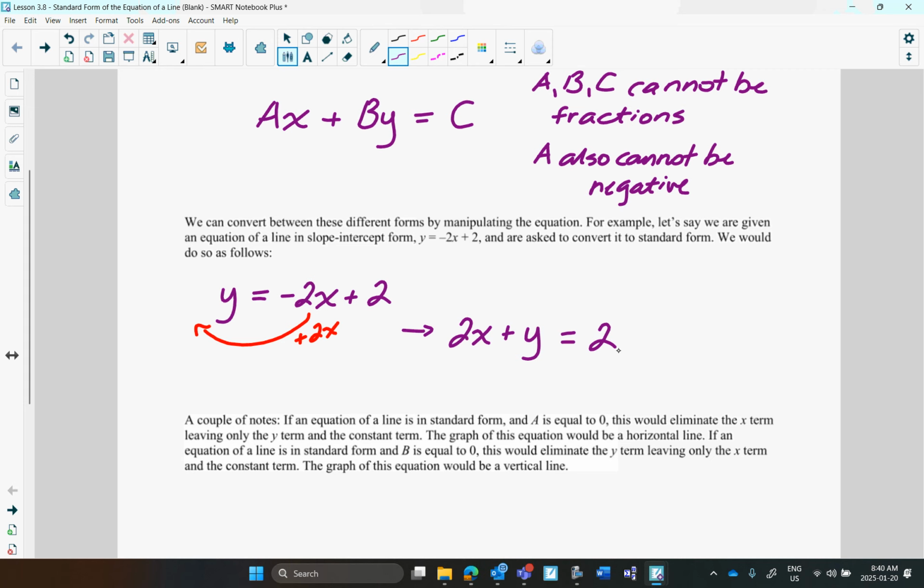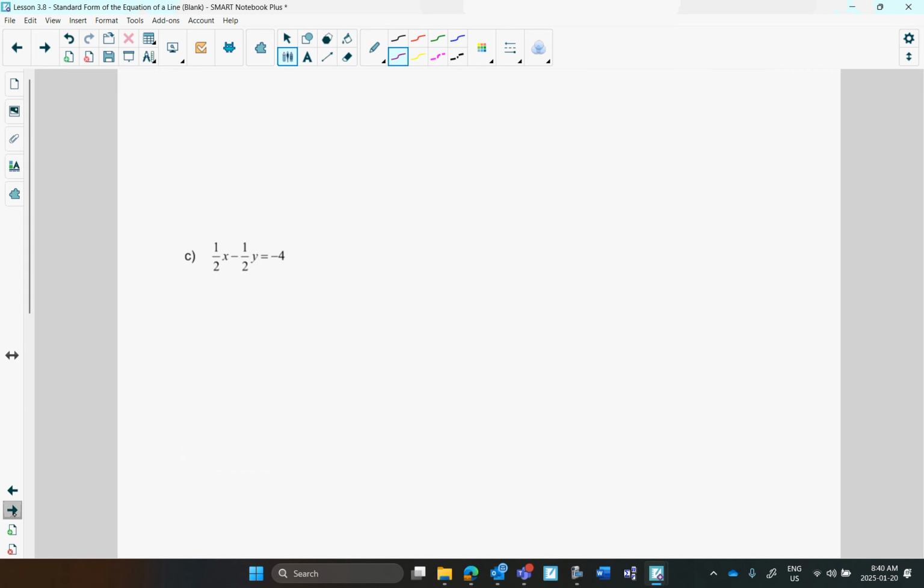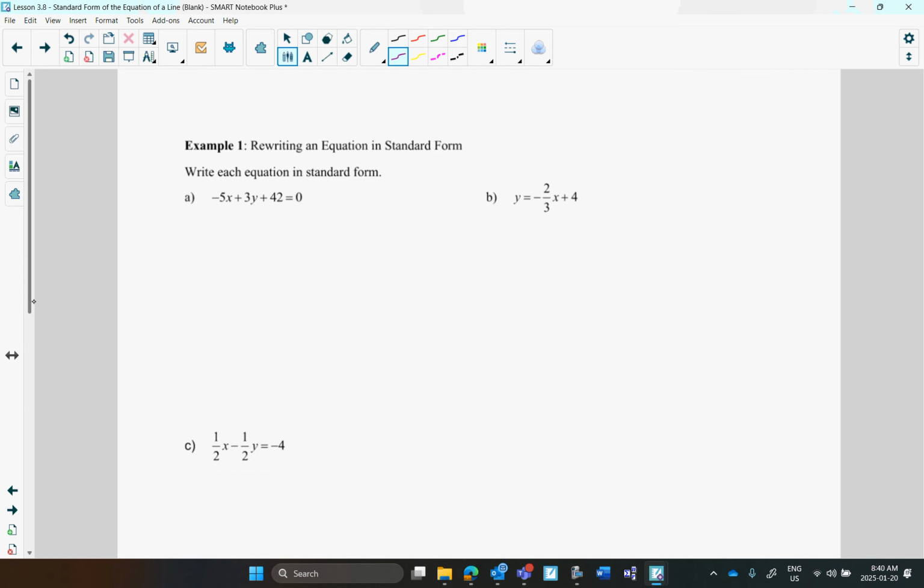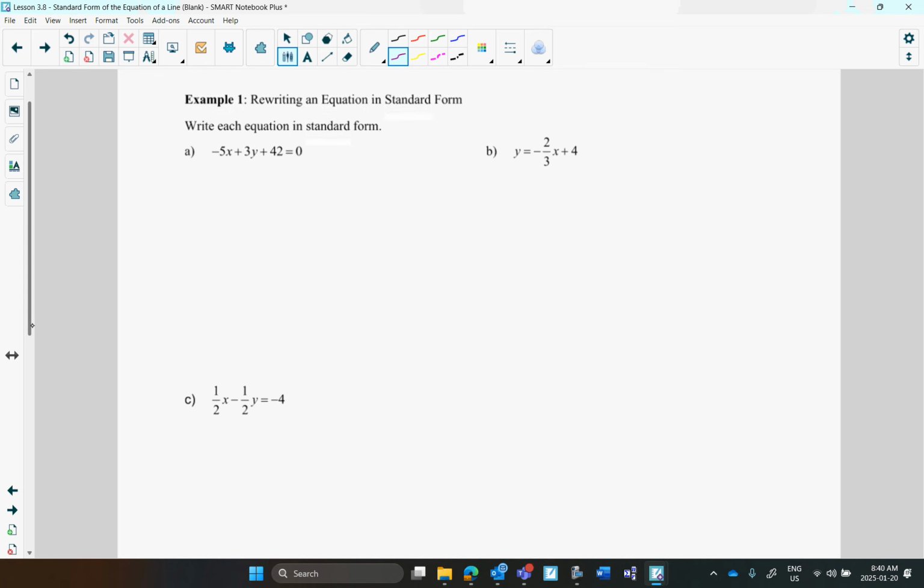Let's look at a few more. So really, this is just practice in algebra. So remember, standard form looks like this.